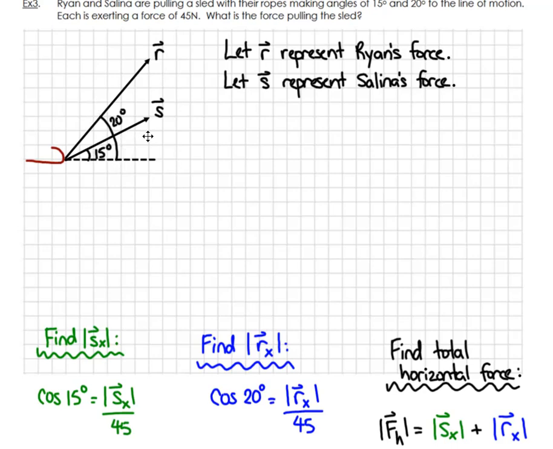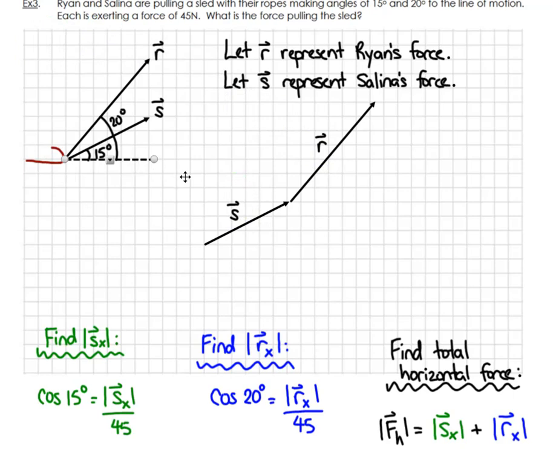What we can do is create a vector diagram by drawing these separately and putting them together, tip to tail. Notice that's a theme for this unit: tip to tail for everything.